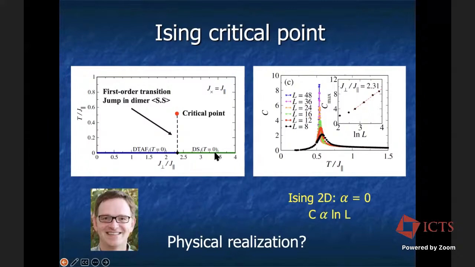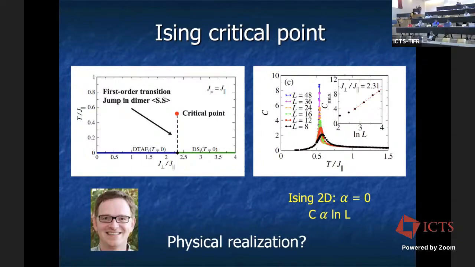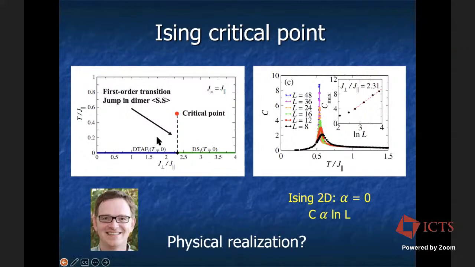This means that there is a level crossing between the ground state energies. If we increase the temperature, we expect the transition to remain first order for a while, and the line of first order transition is going to be signaled by a crossing of the free energy, no longer the energy.